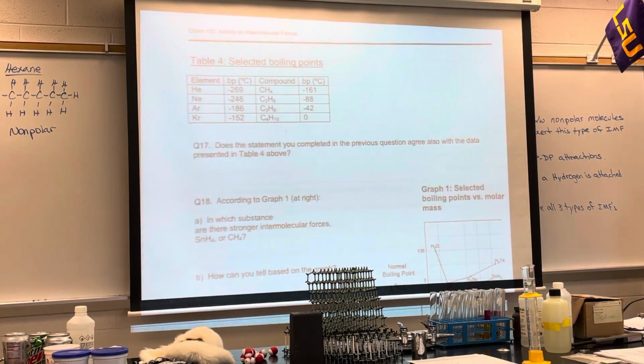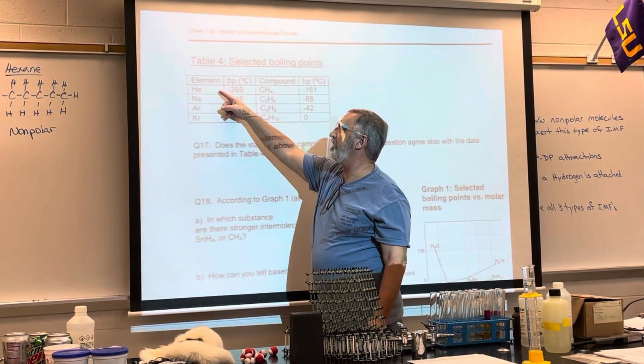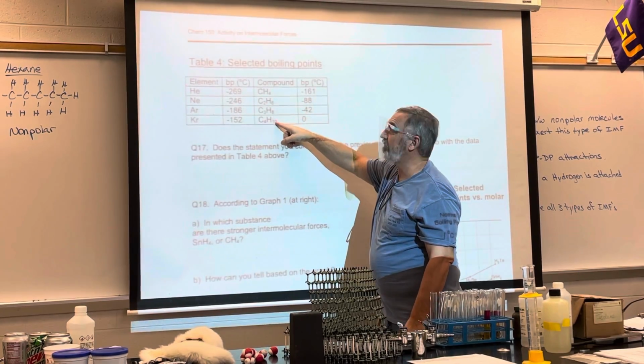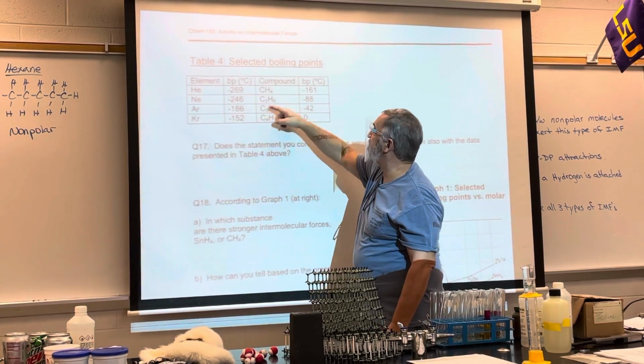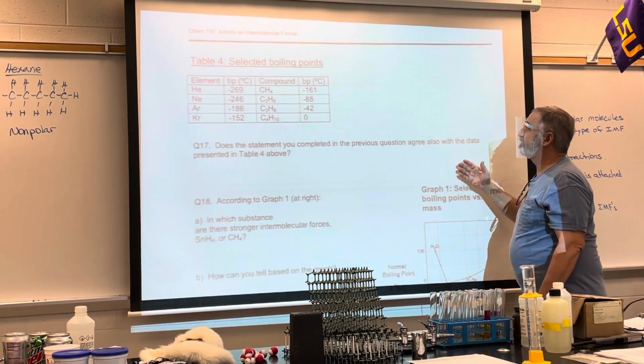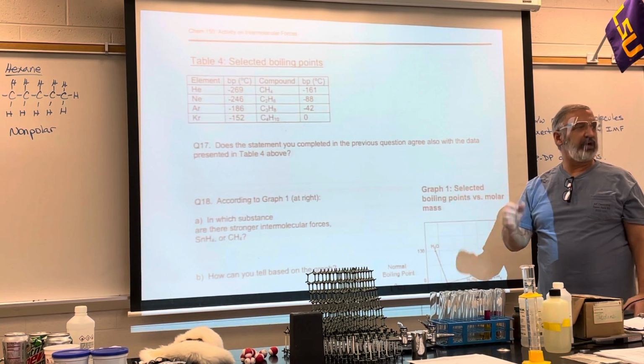So now here again, these are all noble gases, so they're monatomic, they're all nonpolar. And these are all hydrocarbons that are nonpolar. You can see as the molar mass increases, so does the boiling point. Does the statement you completed in the previous question agree with the data above? Yes. Greater molar mass, higher boiling point.